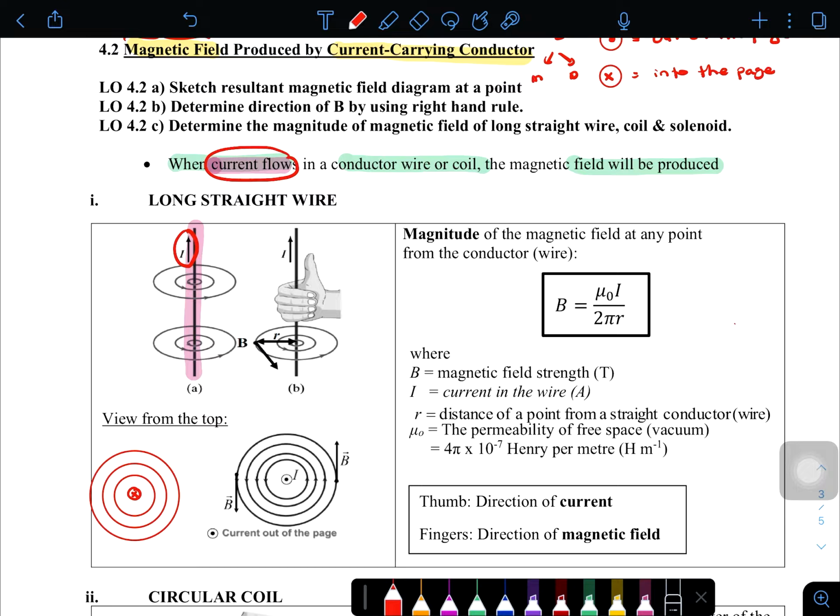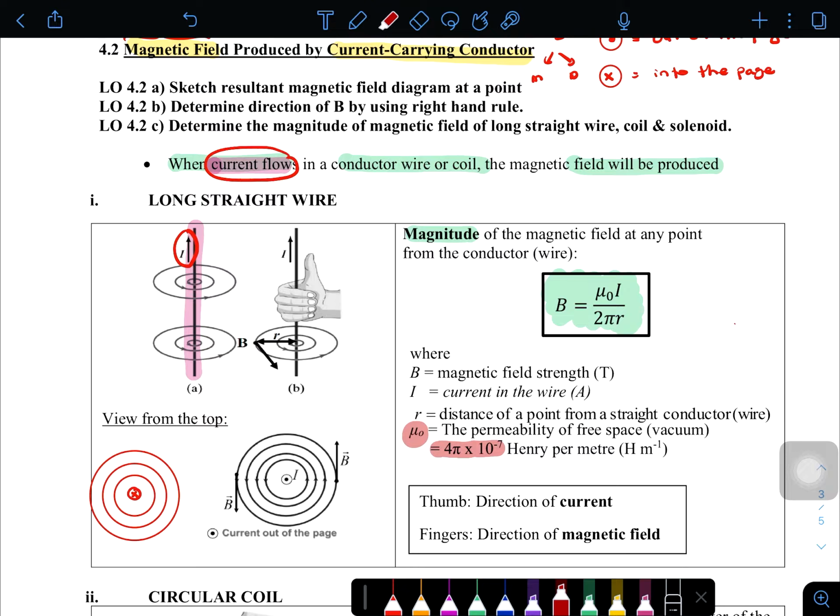Sebab dia ialah vector. To calculate the value ataupun magnitude of the B in a long straight wire, kita guna formula B equals to mu naught I over 2 pi R. So, apakah mu naught? Mu naught is a constant and is given in the list of constants. Dia ialah permeability of free space dan nilainya ialah 4 pi times 10 to the power of negative 7.